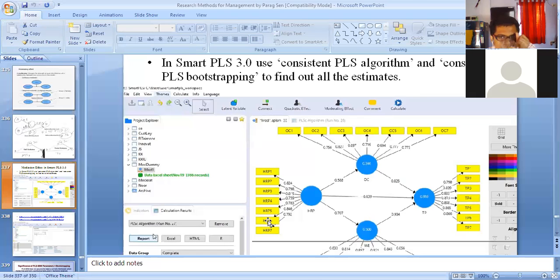Now suppose you see some particular variable, and you can see these loadings. If the loading score is not even 0.5, or is less than 0.5, then you can neglect it, unless it has some theoretical justification behind it.